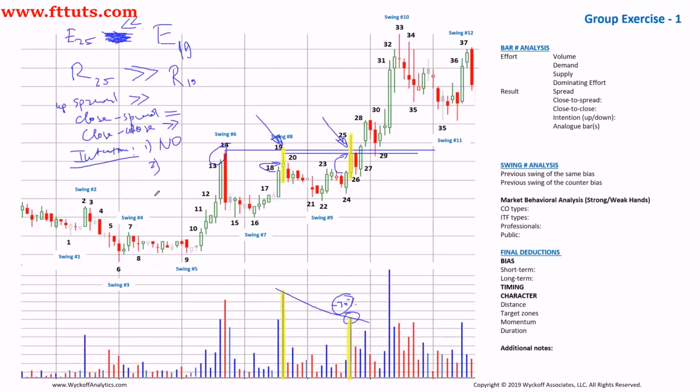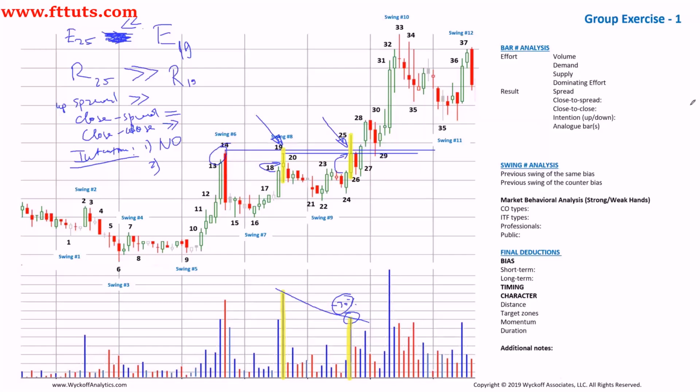Is it closer to the success to fulfill this intention on bar number 25 than on bar number 19? Yes, it's closing right at the resistance line. And so it's a higher spread.